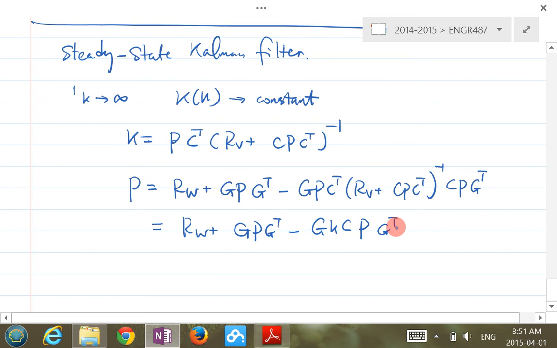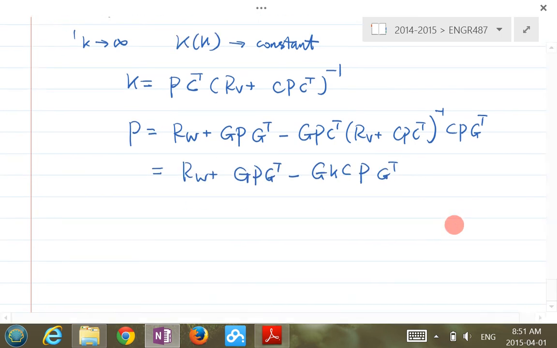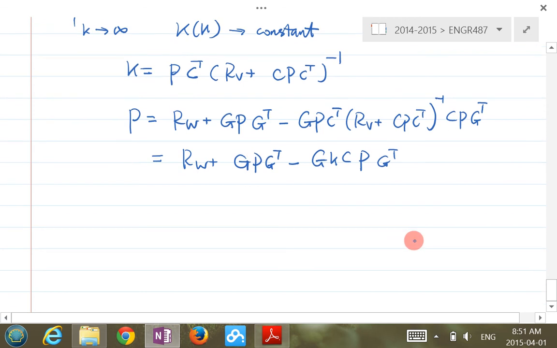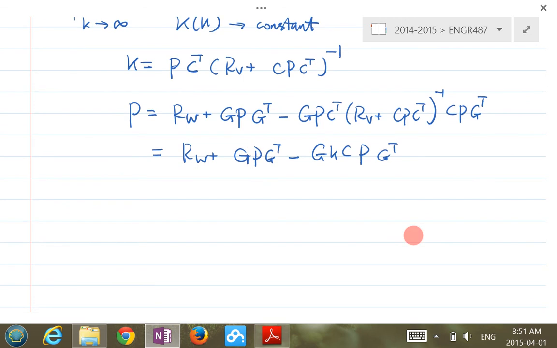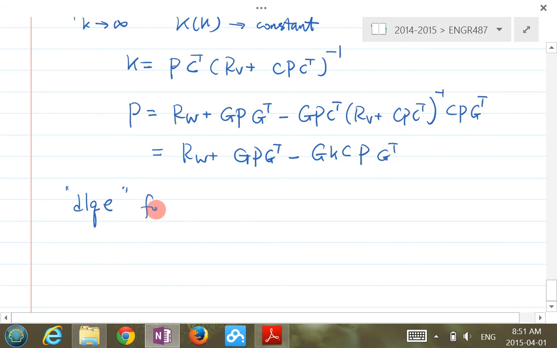To calculate the K, I'll show you how we calculate the K for a simple system. But if you're going to use MATLAB, there's this DLQE command. You can make use of that to calculate your Kalman filter gain K for this guy here.